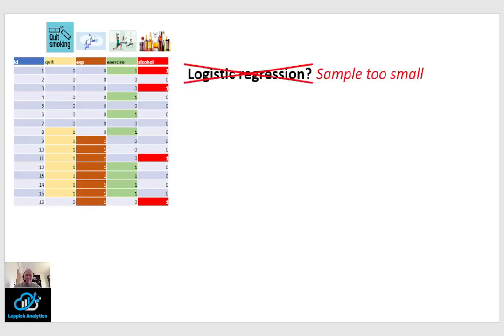However, with only 16 cases, there is no way we can run a logistic regression with these three contributing factors, or even two of them, and expect meaningful outcomes. If we had 100 cases or more, things would be different, but here we only have a sample of 16.